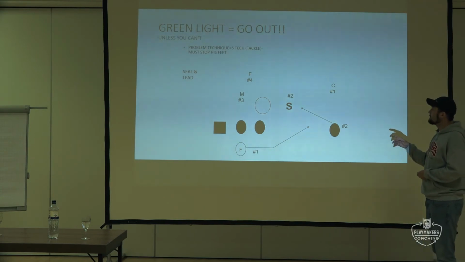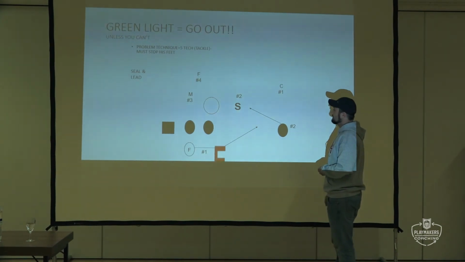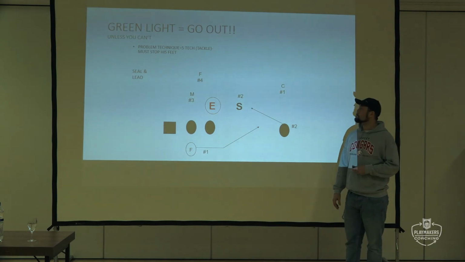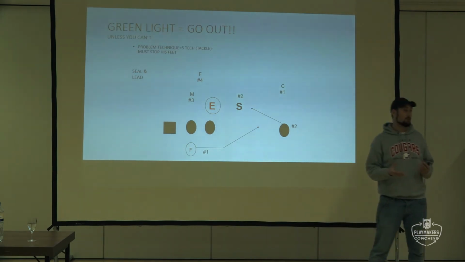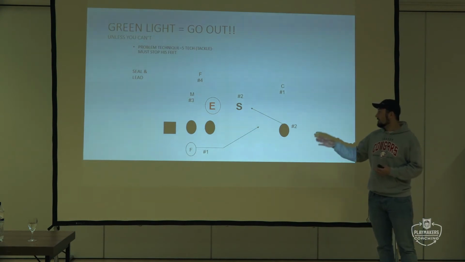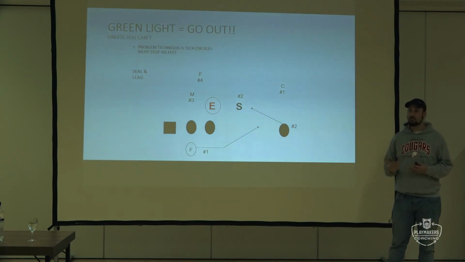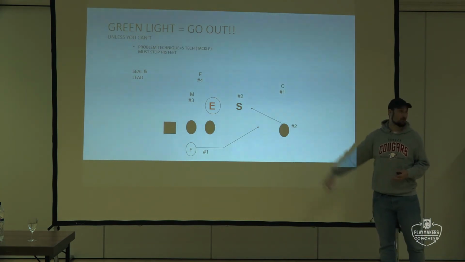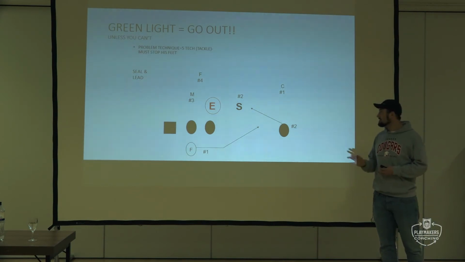Problem technique is usually the 5 technique on the tackle. Where is he? There he is. We have to slow him down somehow. Again, it's a tough job for a lot of tackles to reach block. It's just a hard thing to do, especially when they expect you to run outside, right? That's definitely difficult.